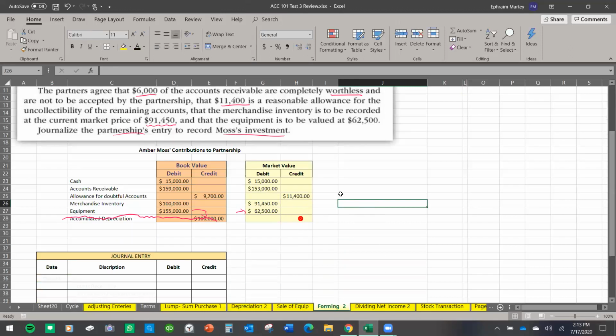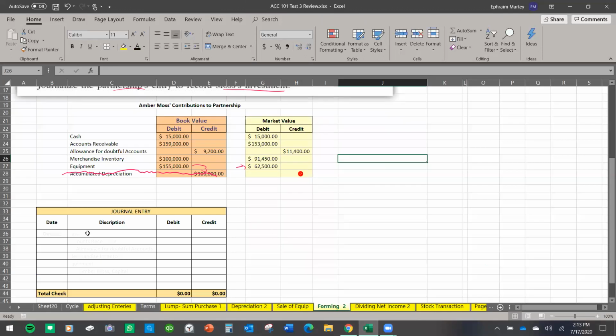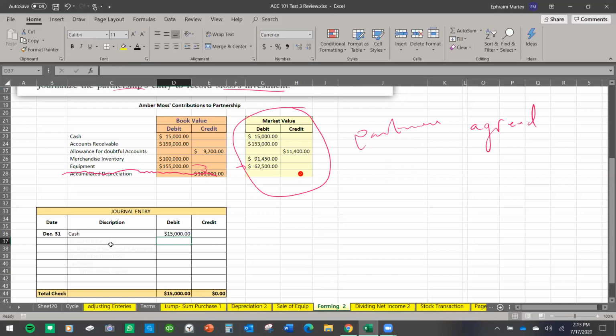Now we are going to do the journal entry for Moss, and we see how much Moss has in the partnership. We begin with cash, and for the cash we take the market value, which is what the partnership agreed. For account receivable, the partnership agreed on 153,000. For allowance for doubtful accounts, the partnership agreed it should be 11,400.